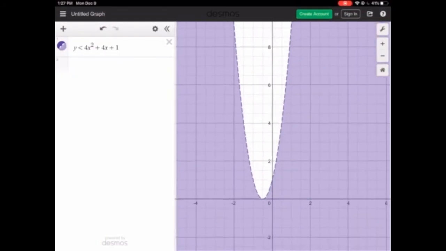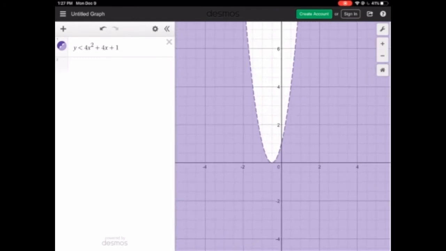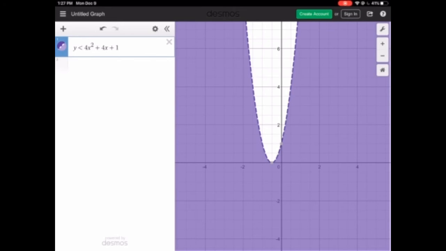We can adjust our window to see what we want to see. And so we can find out that our vertex is at negative 5, 0, and that we have another point at 0, 1. We could have picked out that 0, 1 from just looking at the equation. Our c value is 1, so we knew that our intercept was at 1. All right, so there are 2 points.